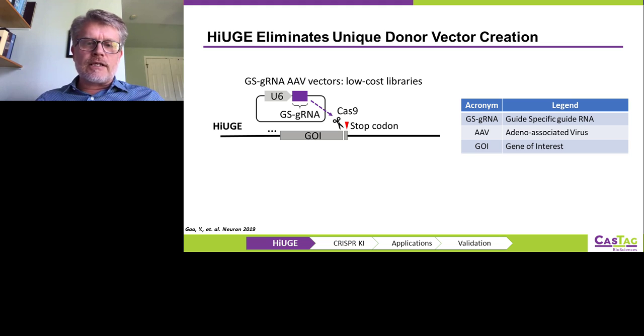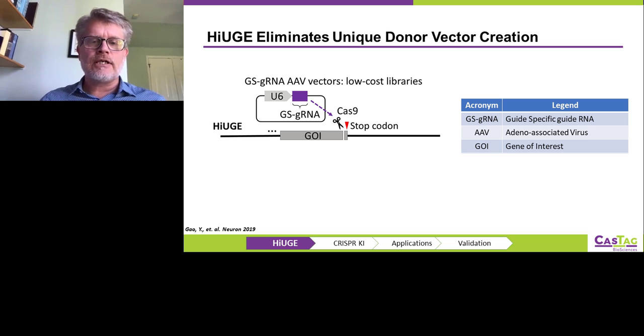So the GS guide RNA is the gene-specific guide RNA, and we package these vectors into adeno-associated virus. And I'll talk about some of the unique features of utilizing adeno-associated viruses in the workflows in order to utilize this new technology. This then directs the cleavage of the double-stranded break in your GOI, or gene of interest.